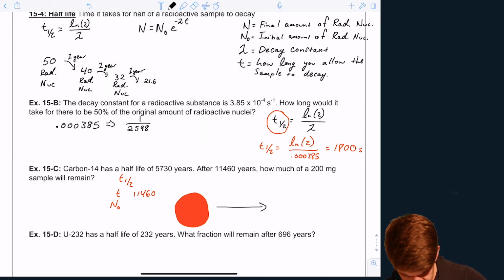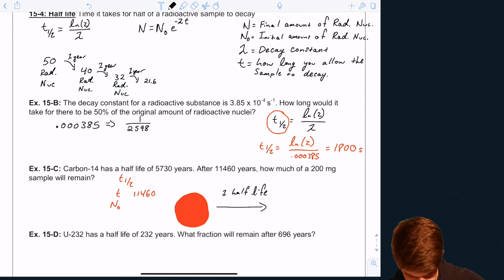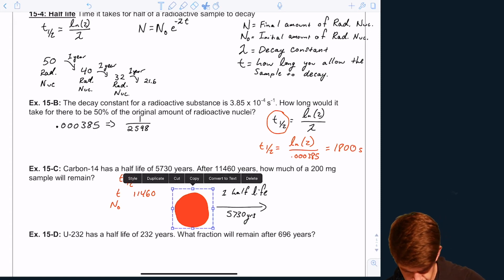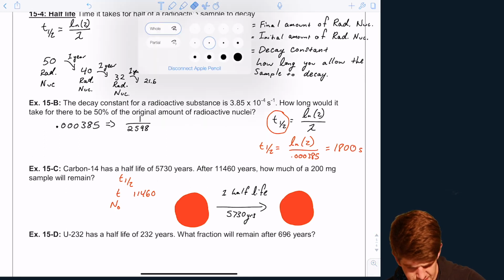After one half-life, in this case 5,730 years, I'm going to take that original sample, and basically I'm just going to have half of it.